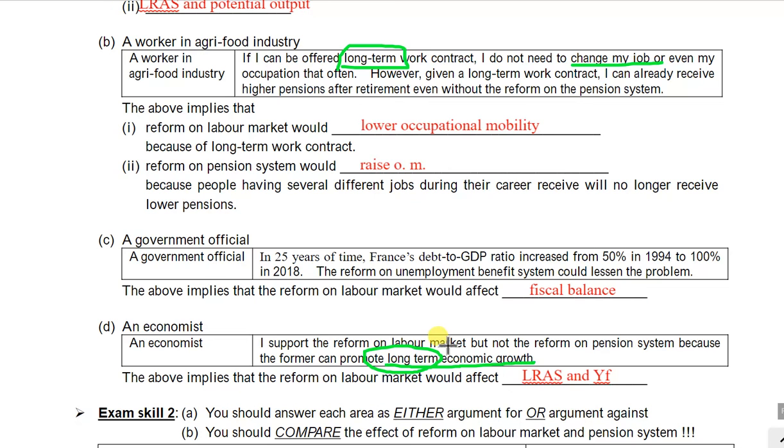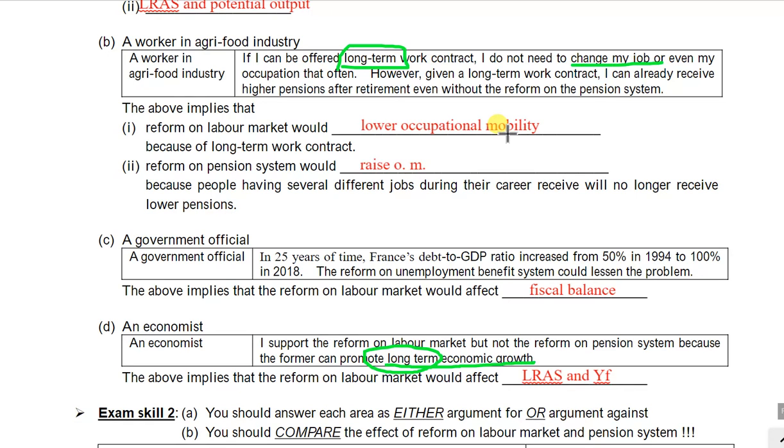The reform on the labor market will lower the occupational mobility. That means the workers have a higher possibility to keep on working for a certain job. If they continue to work for a certain occupation, a certain job, then of course they will accumulate their human capital, their knowledge, their skills.